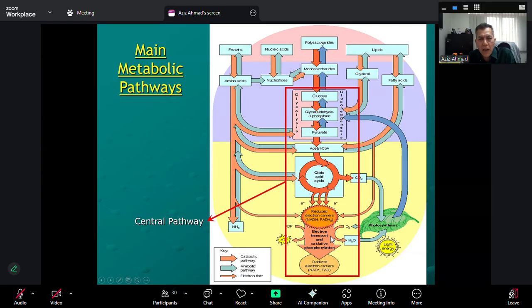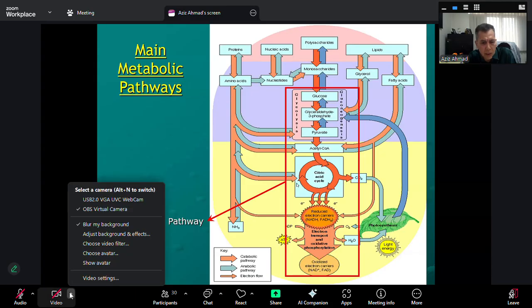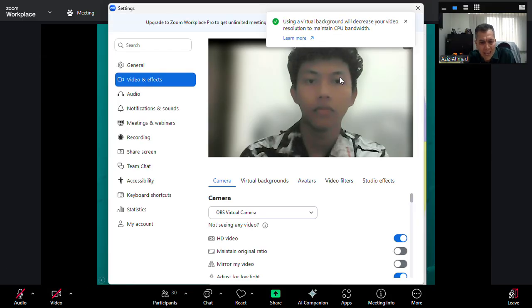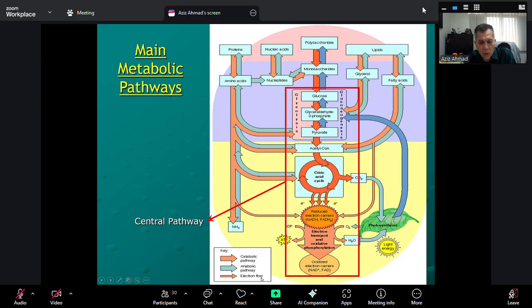So here we have the polysaccharide, which is a carbohydrate. Then they will degrade. Here I give different lines: the catabolic pathway in yellow, the anabolic in blue, and the tiny one, the electron flow, should be another color.